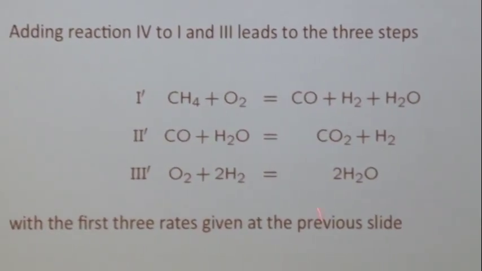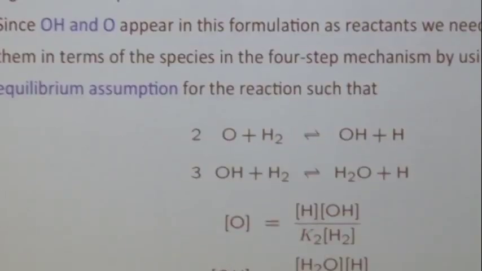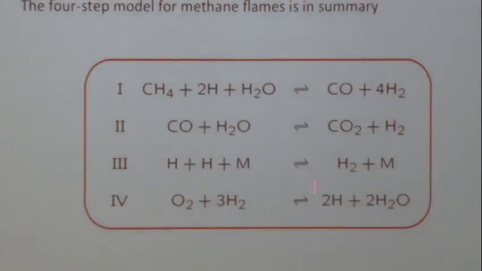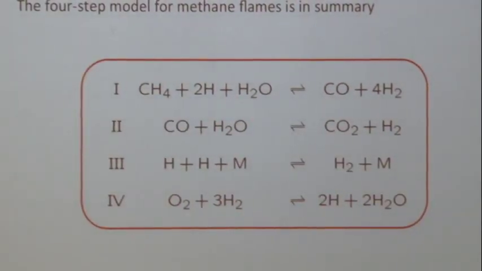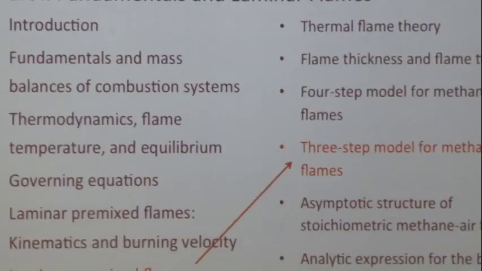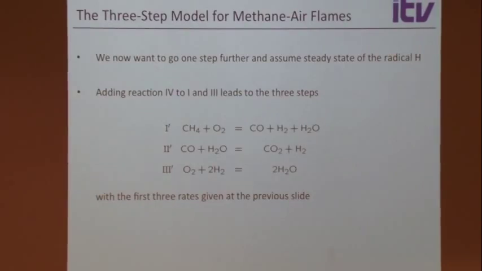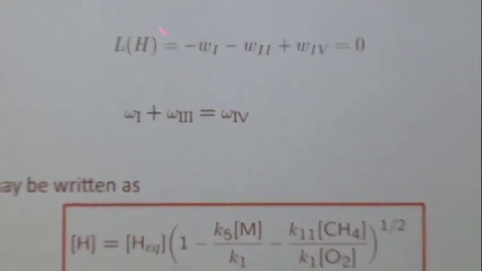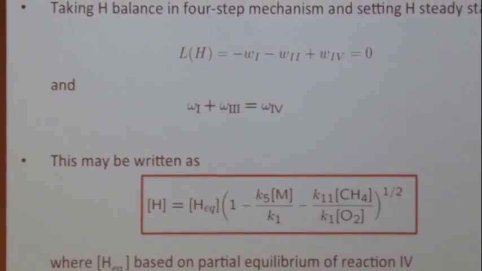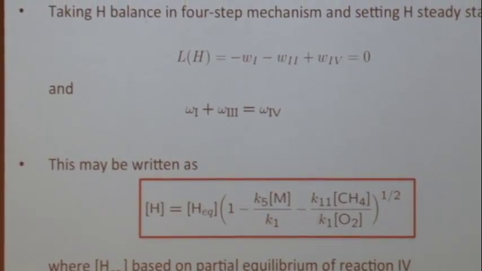You see, adding these reactions to each other eliminates the H radical. From that, we also get a steady state relation for the H radical, because if you look back at the original mechanism, the L operator here is transport: a time-dependent term, convection term, and all of these things.